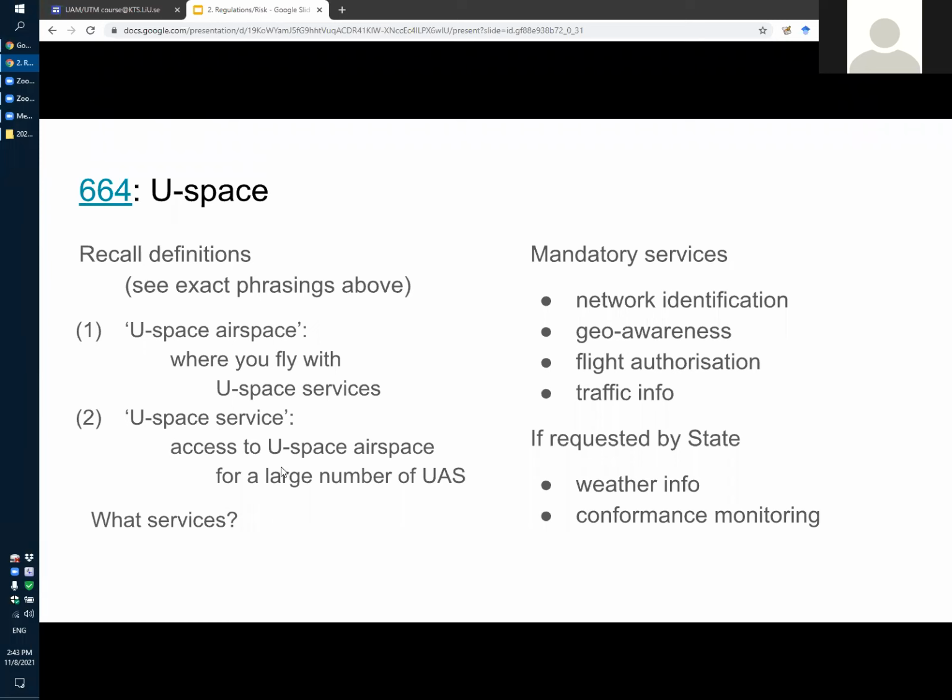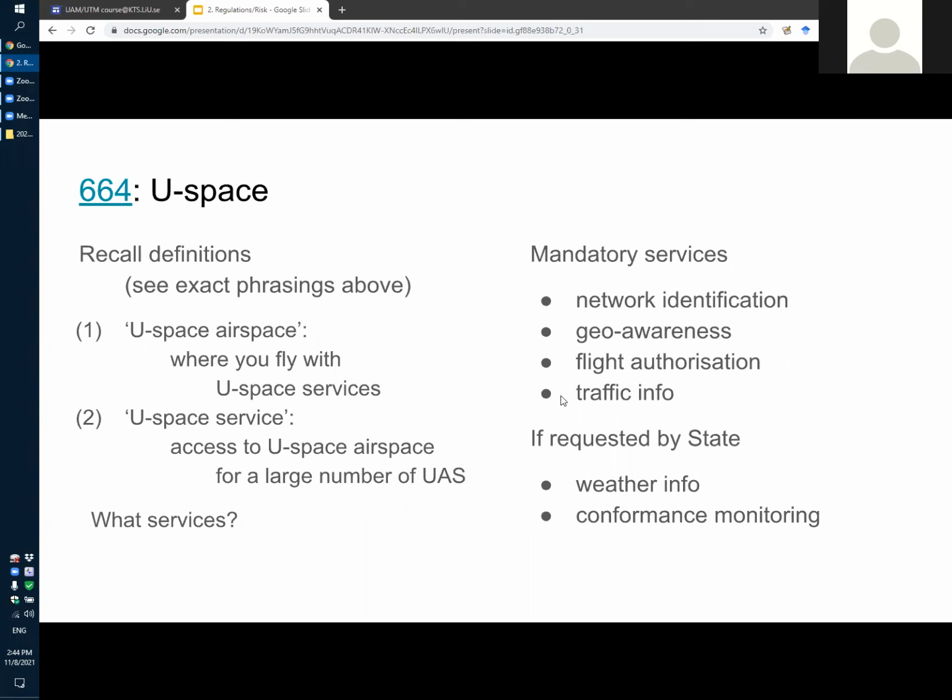And U-space services are the ones that make sure that a lot of drones can access this U-space airspace in a safe, efficient manner. Okay, so what are these services? What are the U-space services that serve this wonderful purpose?